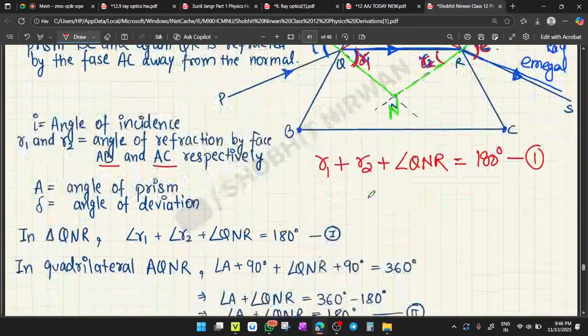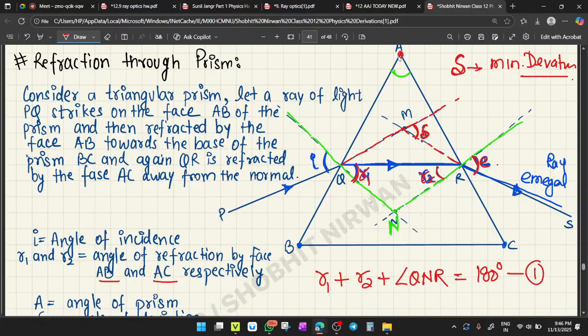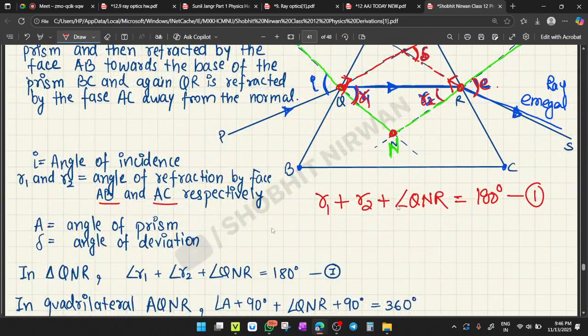And now in quadrilateral AQNR, check there. This is A, this is Q, this is N, and this is R. So these two angles are how much? 90 plus 90, 180 degrees. So in the quadrilateral AQNR, you can write angle A plus 90 plus angle N plus 90 equals 360 degrees.